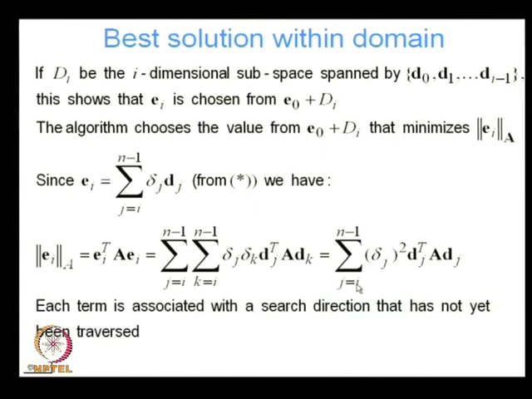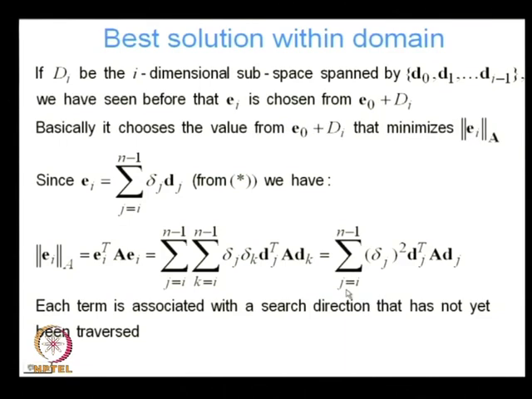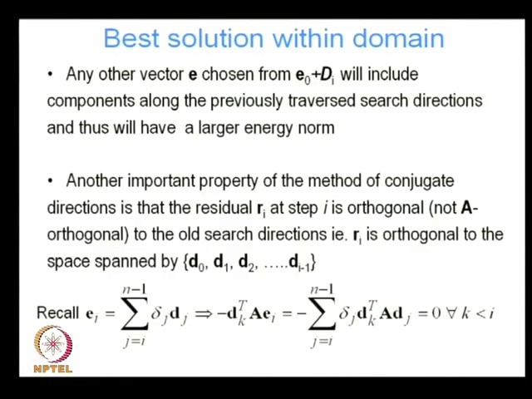It is varying from i to n minus 1. Each term is associated with a search direction that has not yet been traversed. If D_i is the i-dimensional subspace, this I have already talked about. So, any other vector e chosen from e_0 plus D_i will include components along the previously traversed search directions, and thus will have a larger energy norm. Why?